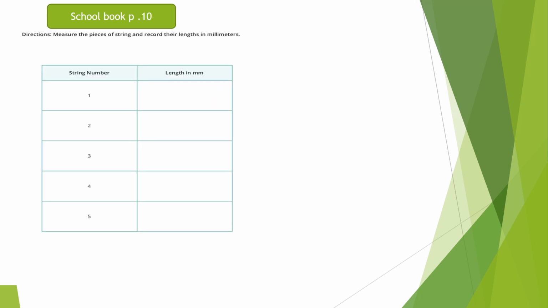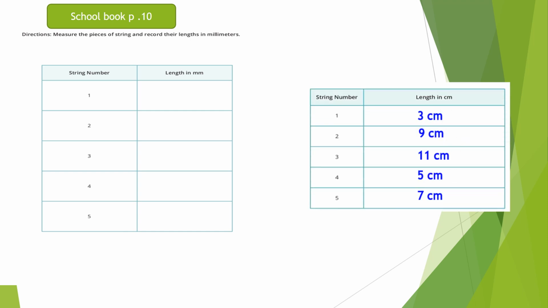Measure the pieces of string and record their length in millimeters. We measured them before and the first one was 3 centimeters, the next 9, and the next 11, 5, 7. How to convert from centimeters to millimeters?